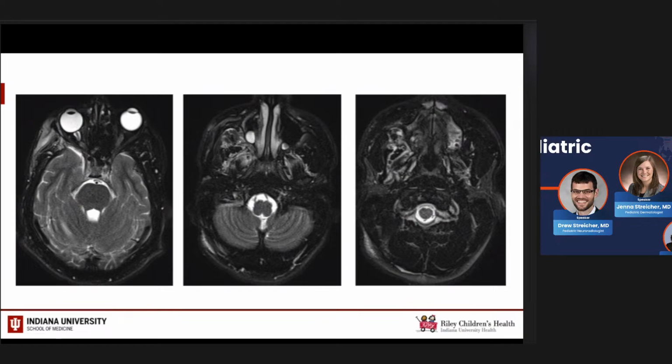You're going to see some T2 signal all the time in those pterygoids from the pterygoid venous plexus, but this is greater than expected. So this is extension into the masticator space. And on the far right image, again, greater than expected T2 signal in the pterygoid region, so more involvement of that plexiform neurofibroma.